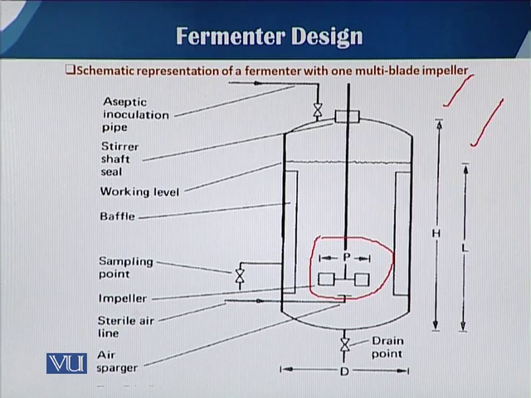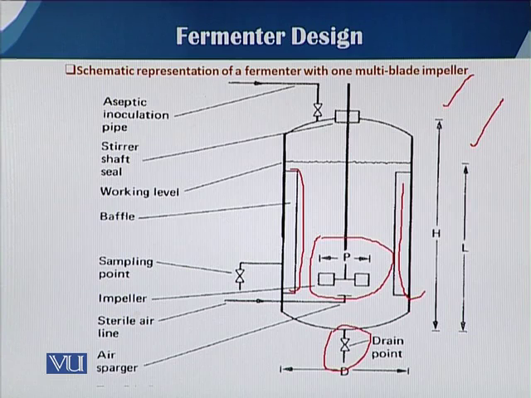But in this slide you can see how a fermenter can have different dimensions and parts. Here you can see the baffles, and that is a drain point here. And this is D, the diameter of the fermenter.